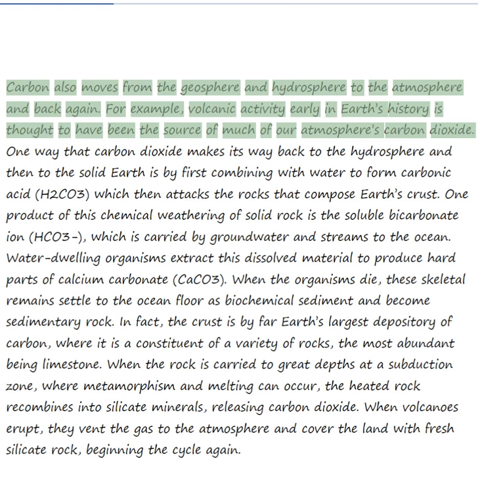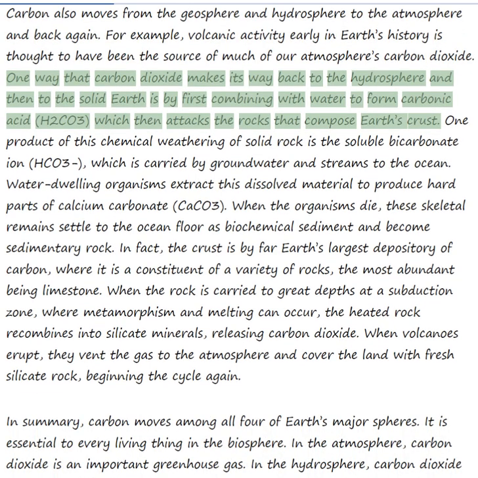Carbon also moves from the geosphere and hydrosphere to the atmosphere and back again. For example, volcanic activity early in Earth's history is thought to have been the source of much of our atmosphere's carbon dioxide. One way that carbon dioxide makes its way back to the hydrosphere and then to the solid Earth is by first combining with water to form carbonic acid, which then attacks the rocks that compose Earth's crust.